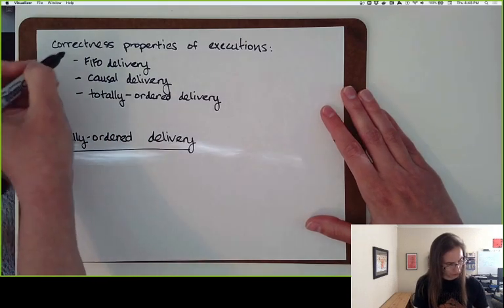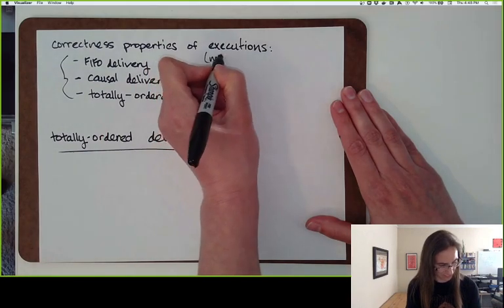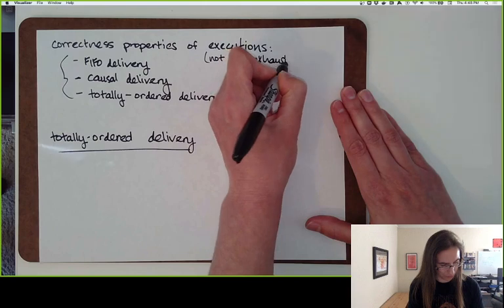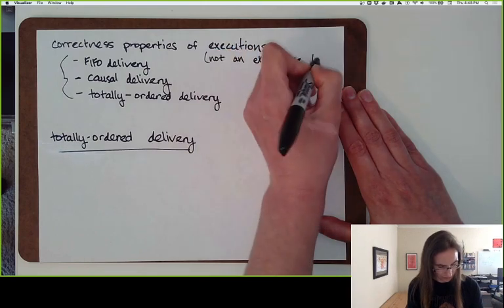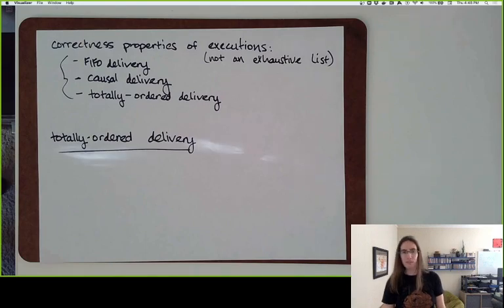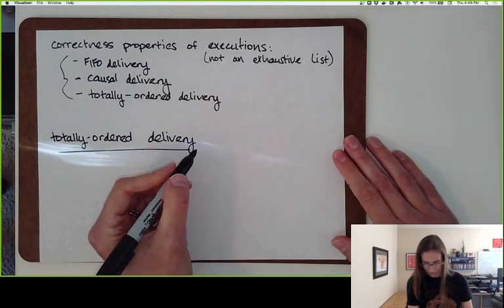By the way, you should not think of this as being an exhaustive list of correctness properties of executions. These are just 3 particular properties that are going to be particularly relevant to us. Okay, back to totally ordered delivery.